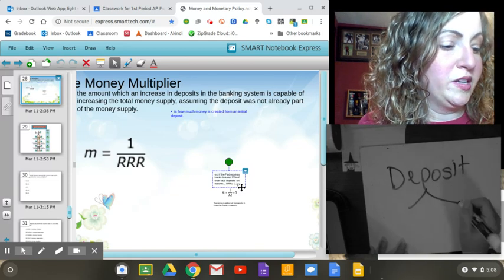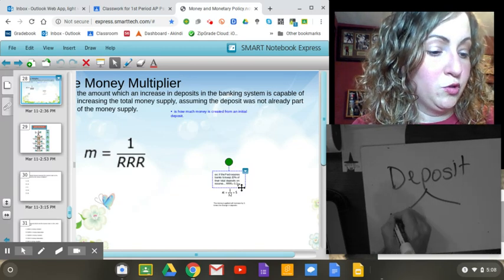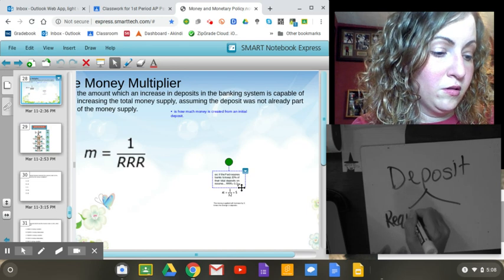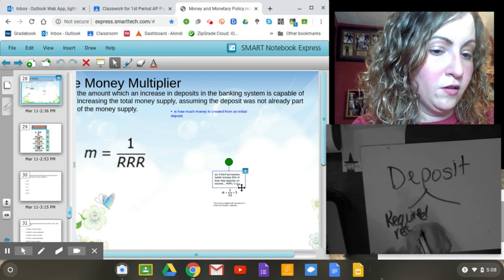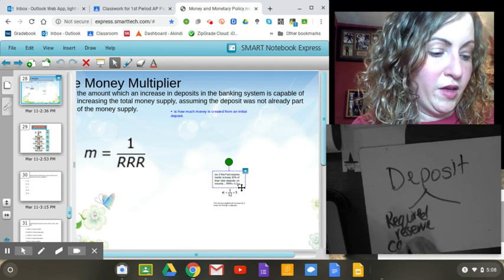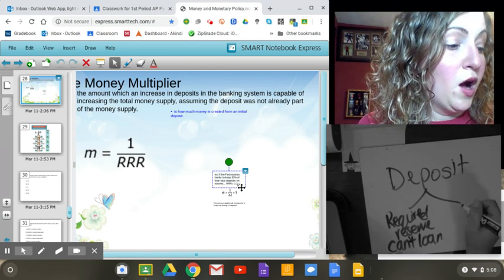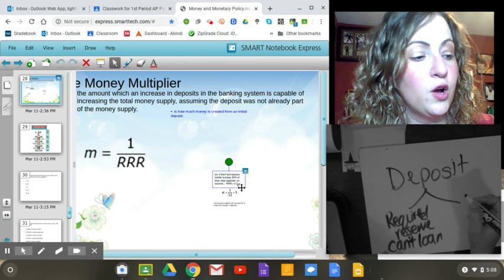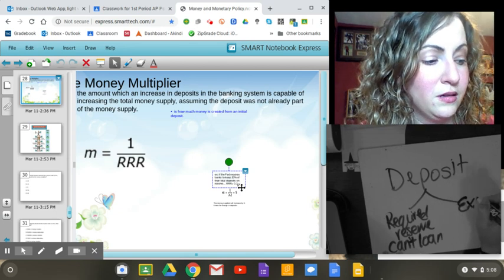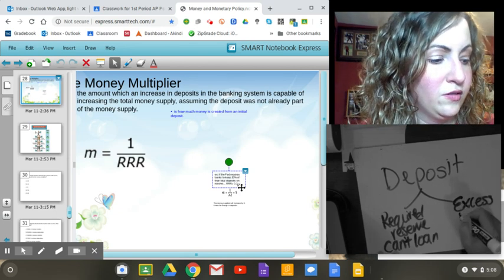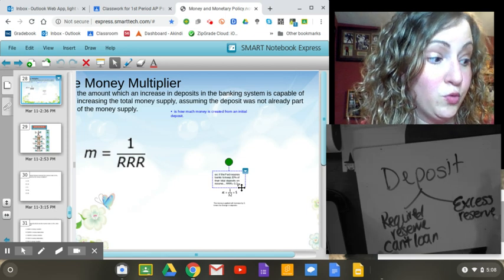When you deposit money, it is split into required reserves, which you can't touch. You can't loan that out. And then whatever's left over, we are going to call excess reserves. And you can loan that out.